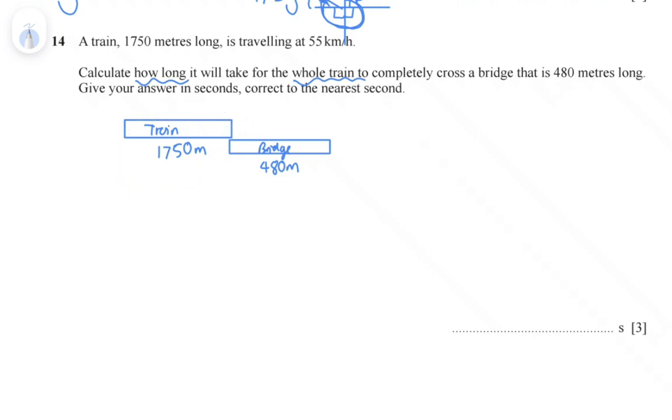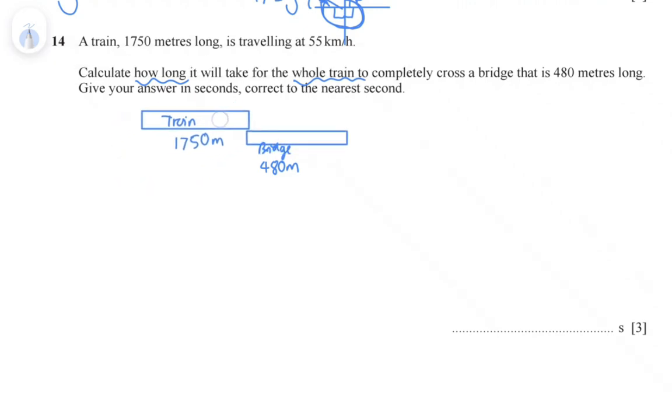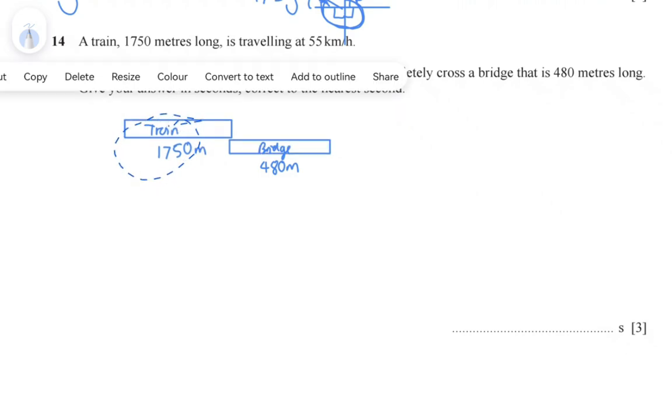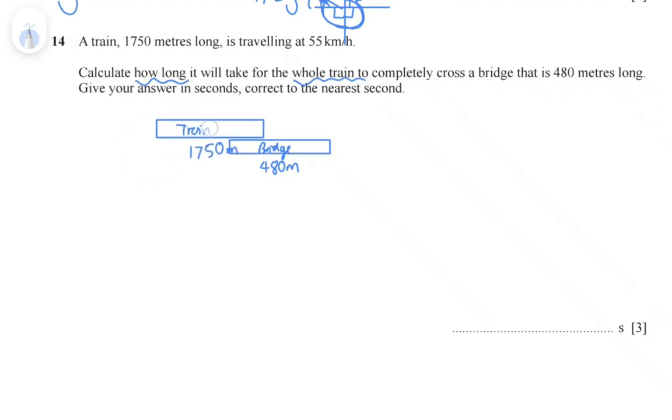As the train first moves, the front of the train will travel across the bridge. It'll take 480 meters as it starts here and travels here. Then for the whole train to pass the bridge, we have to travel the length of the train until the end has reached the end of the bridge.